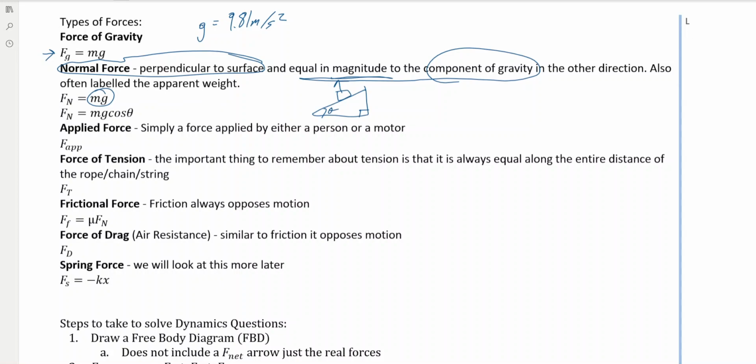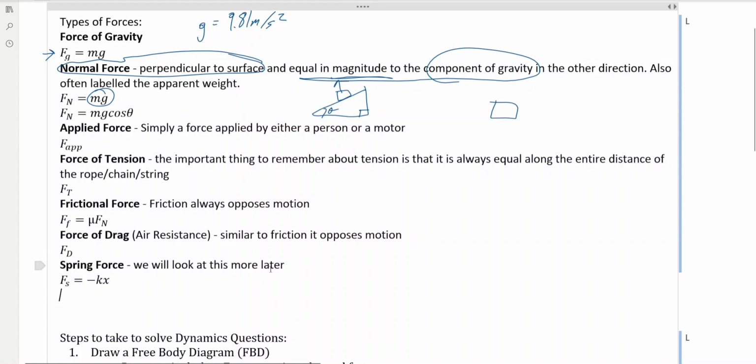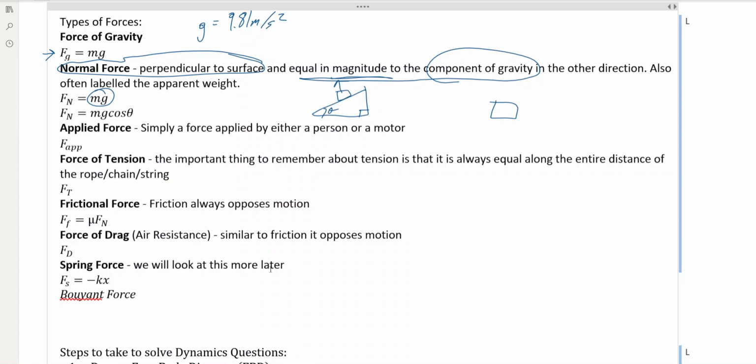Or let's say you're underwater, and I guess I could add another force here, which would be the buoyant force. We can call it whatever we want, but probably FB.